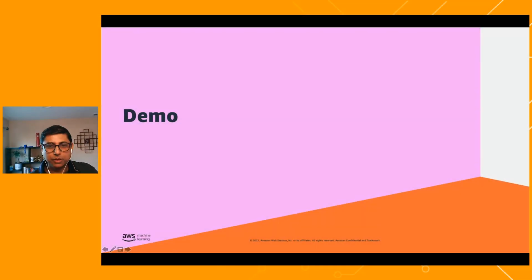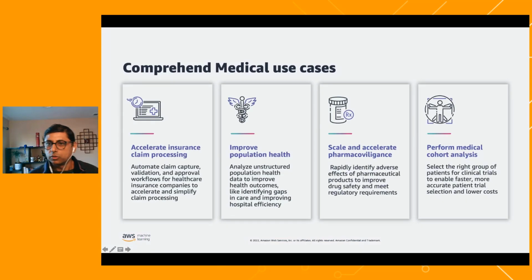All right, now that you saw the demo, let's look at some of the use cases of Comprehend Medical. The top use cases include accelerating insurance claim processing: automate claim capture, validation, and approval workflows for healthcare insurance companies to accelerate and simplify claim processing.